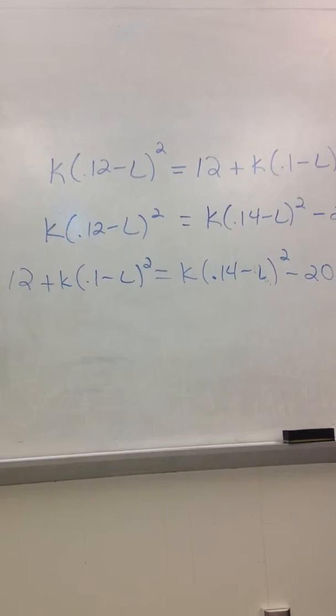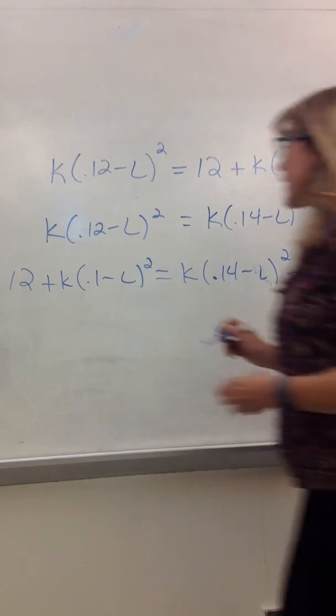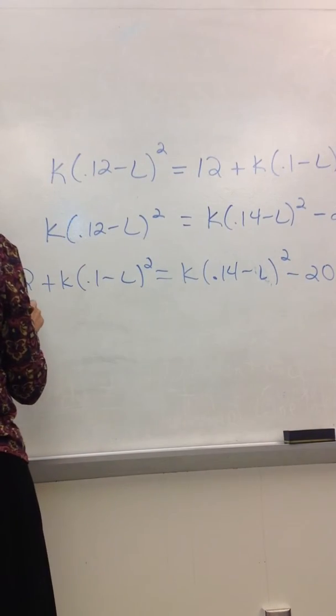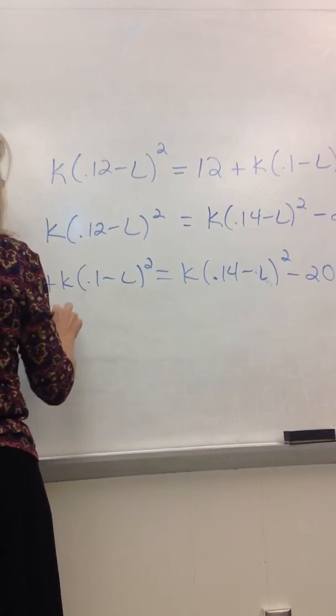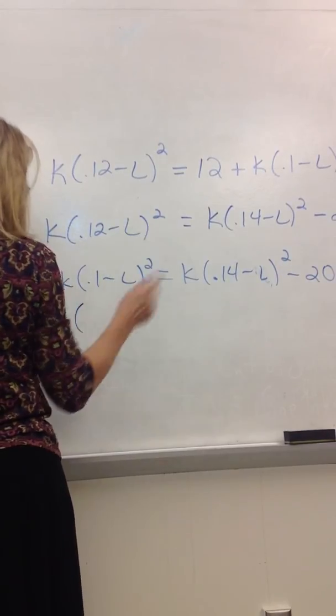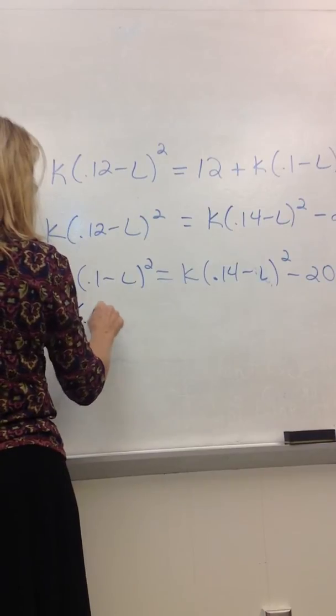I wonder if it makes a difference, whether they're FOILed out before you set them equal to each other. I think it probably doesn't matter, but I don't think it matters.